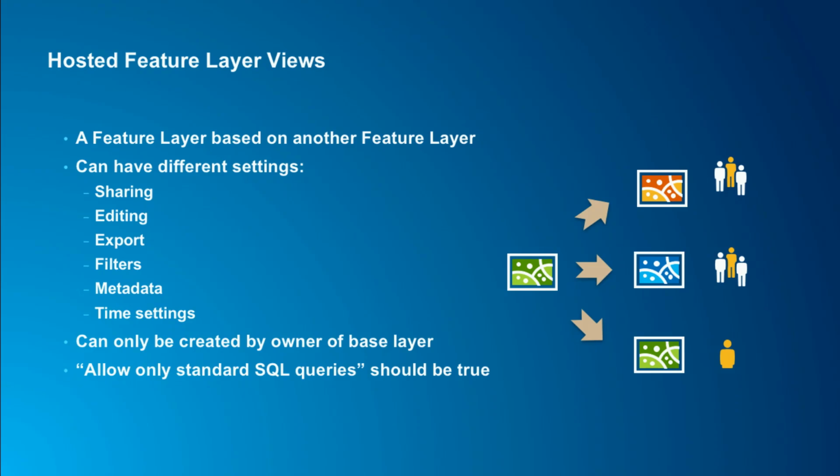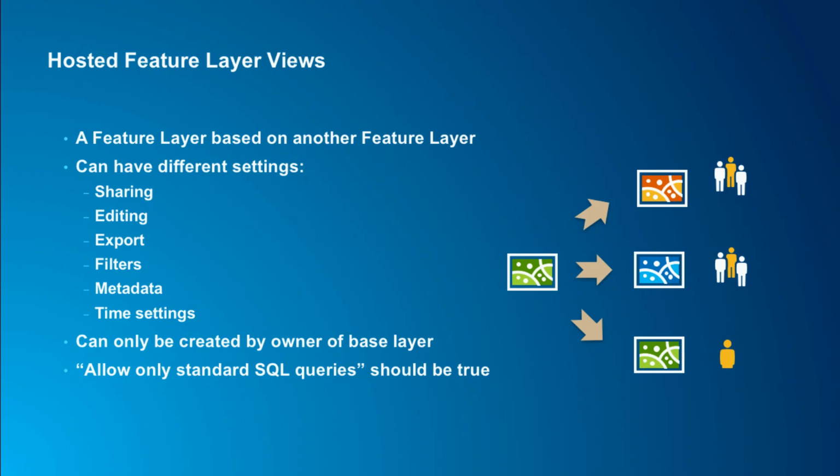There is one setting which I'll talk a little bit about later on, which is called allow only standard SQL queries in the portal. That is on by default. That really means that we will enforce a certain set of SQL commands when you're actually querying your feature layer.